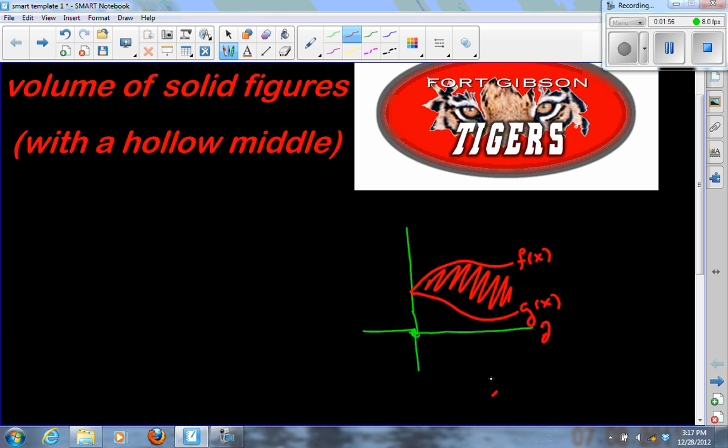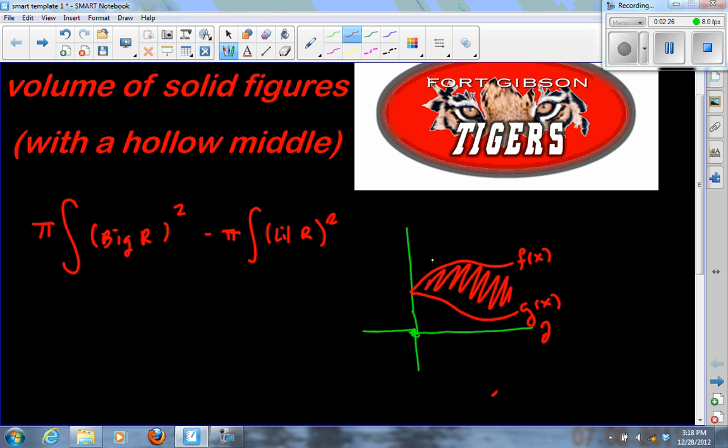You have to think of this as, I'm going to do a bunch of discs again. So this would be my big radius, and this will be my little radius squared. So this is how you do it. You have to do the big one separate. You find the volume as if this hole was not even here, as if this was one big solid hunk of chocolate.